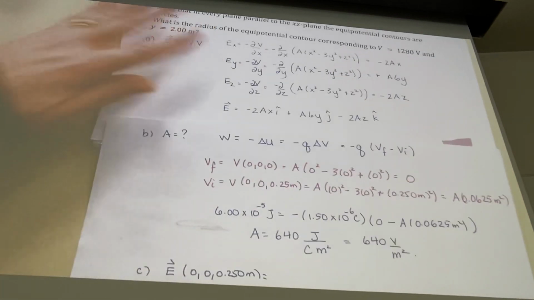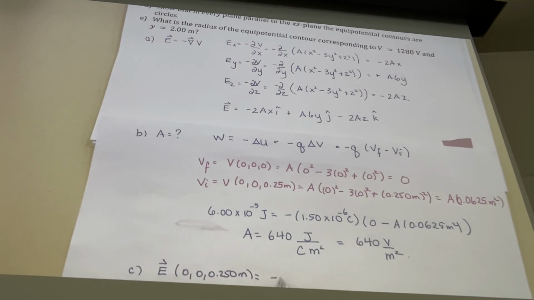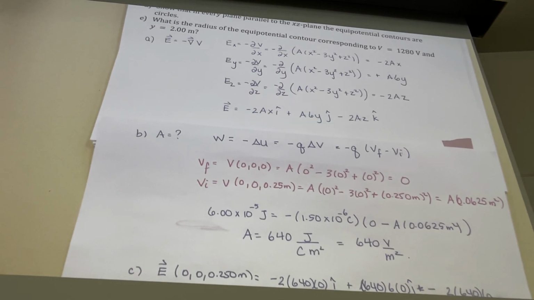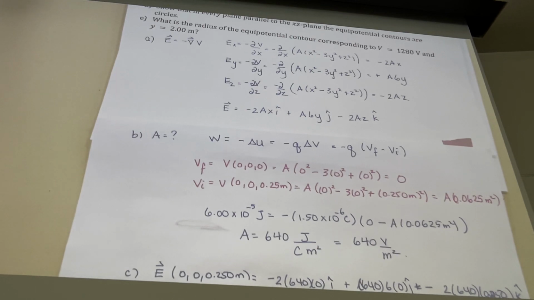We use our equation we found in part A. So I've got minus 2 times 640 times 0, plus A times 6 times 0, minus 2 times 640 times 0.250. Gives us an electric field of minus 320 volts per meter.